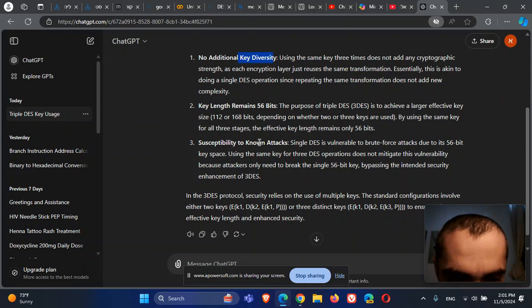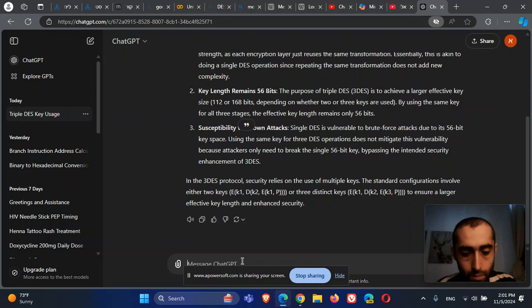The effective key length. Prove that 3DES with the same key is equivalent to 1 DES.